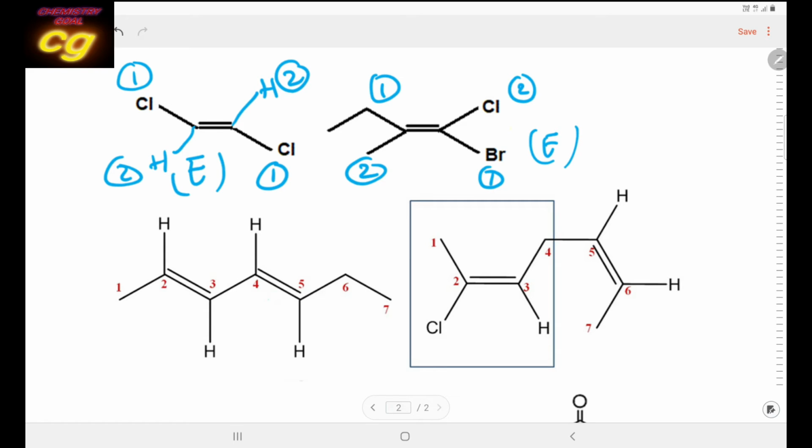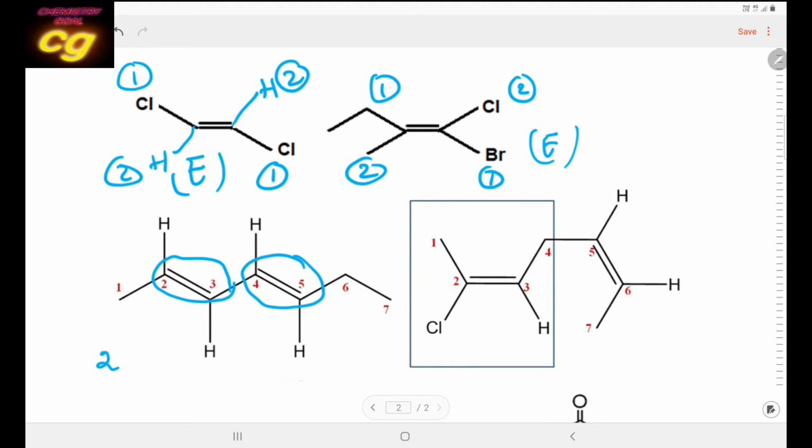So like this. Here in this case, what happens, if you number 1 2 3 4 5 6, here two double bonds are there. We have to consider the two position across the two position.